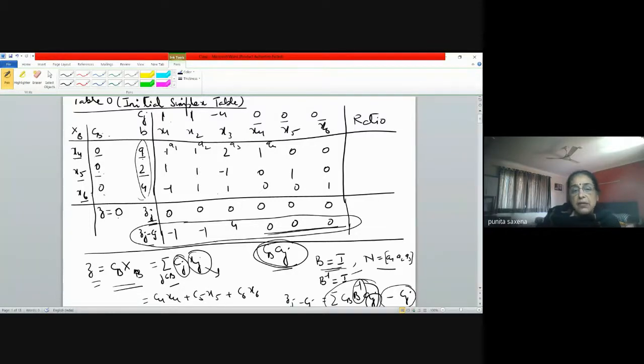If all Zj minus Cj is less than or equal to 0. We have equal to 0, we have less than 0 also, but we have plus more than 0 as well. Had it been minus 4, this would have been an optimal solution, right? But since we have a plus 4 here, the current solution is not optimal. It can be improved further.